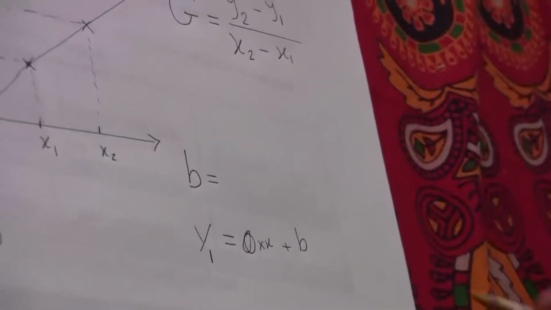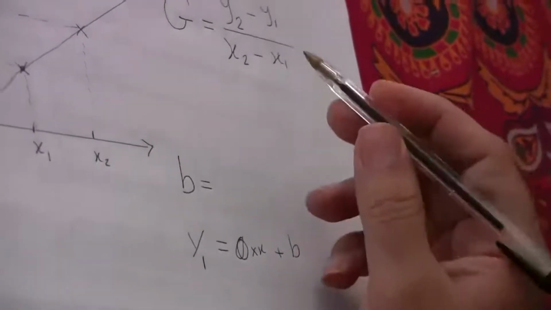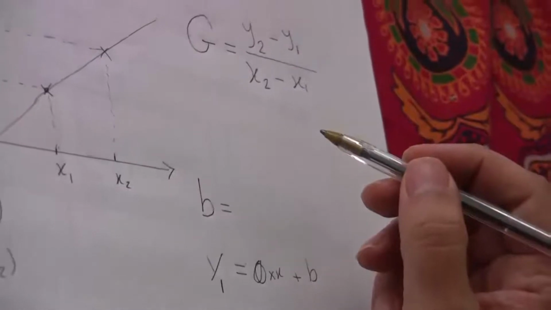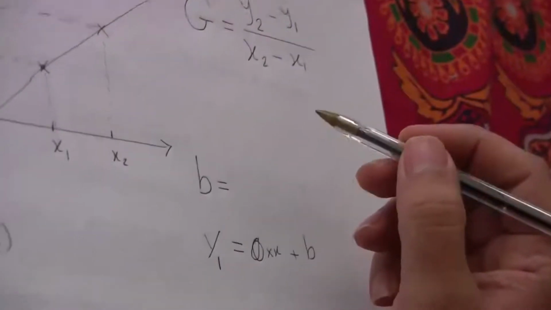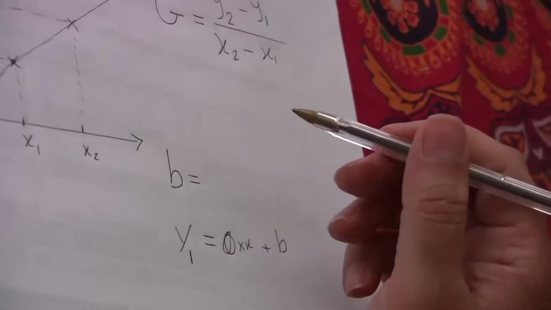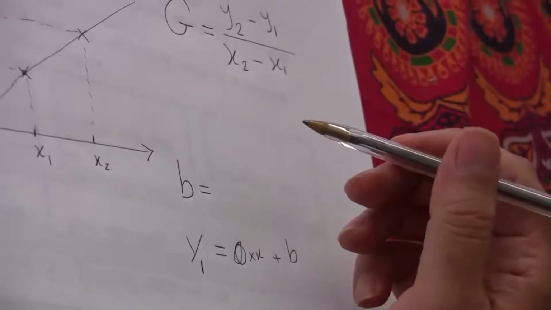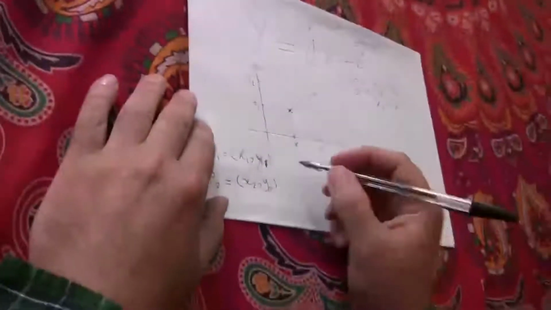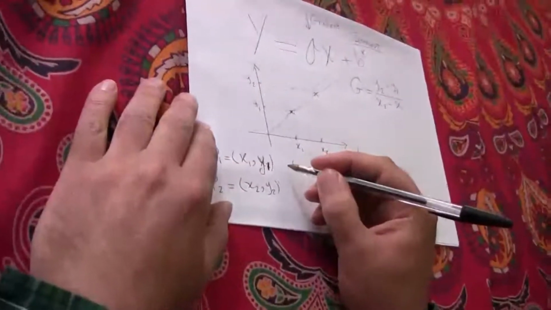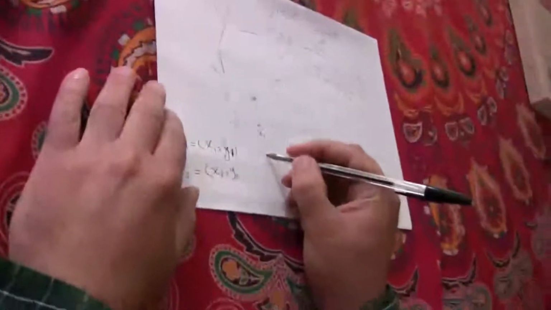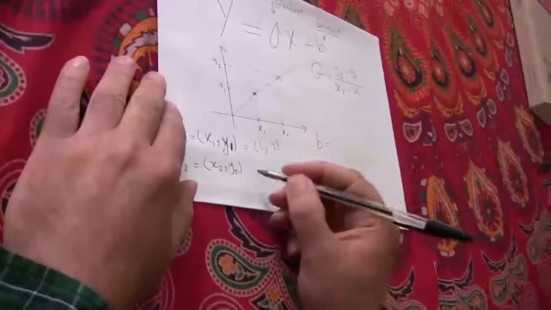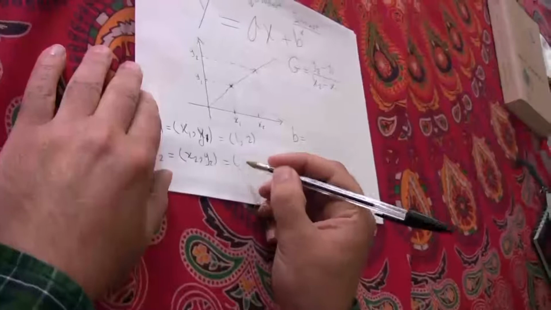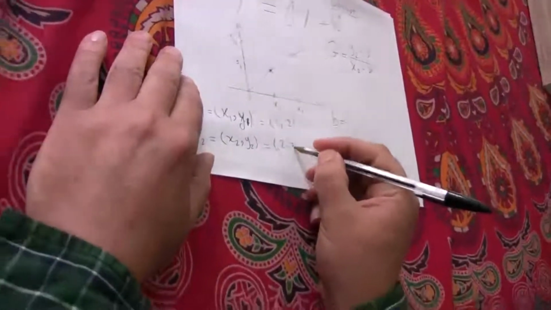Okay. So let me continue. I specify x1 and y1. For example, if I consider this one equal to 1 and 2, and the second point 2 and 3.